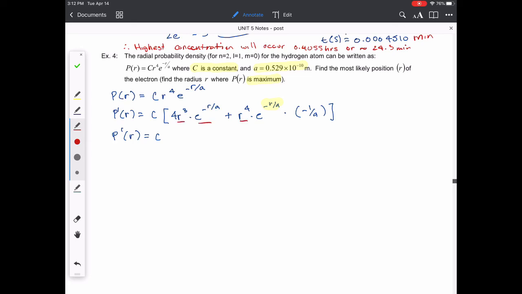We can factor out the e to the negative R over A. So if I do that, we're going to take out R to the exponent 3, e to negative R over A. And what we're left with is, on the first part, 4. On the second part, it's going to be minus R over A.